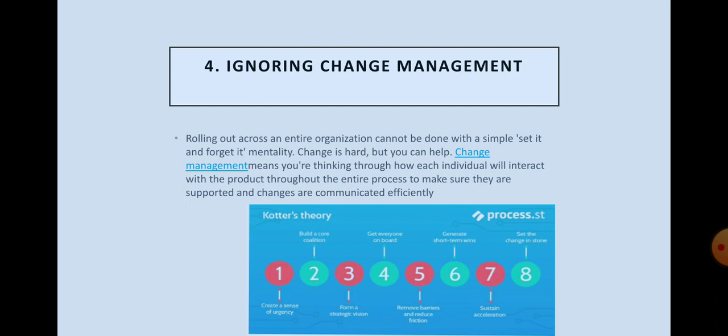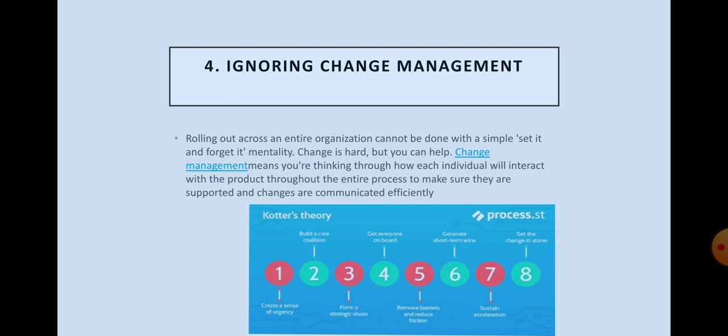To avoid ignoring change management, Kotter's theory says the first step is to create a sense of urgency, the second is to build a core coalition, the third is to form a strategic vision, the fourth is to get everyone on board, the fifth is to remove barriers and reduce friction, the sixth is to generate short-term wins, and the seventh is to sustain acceleration.